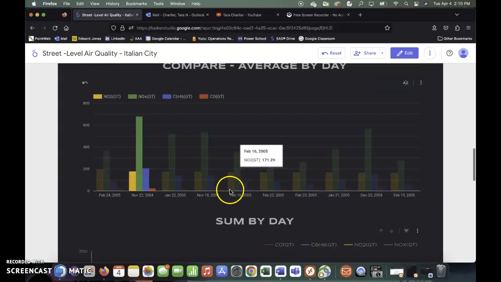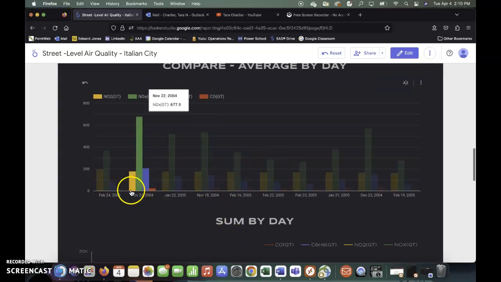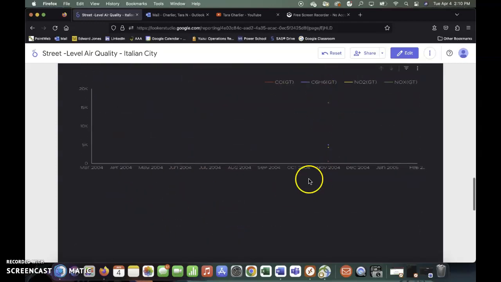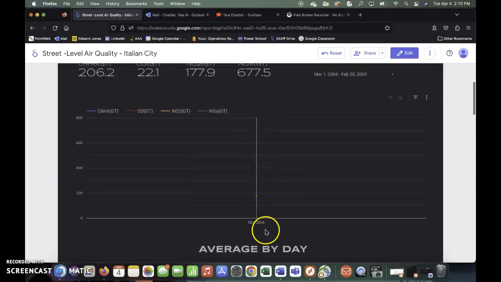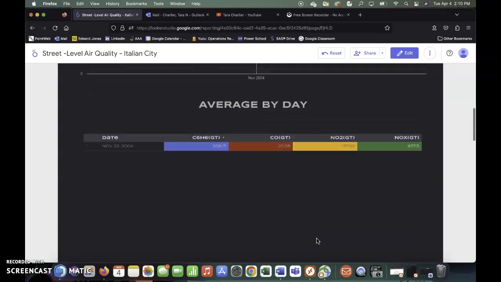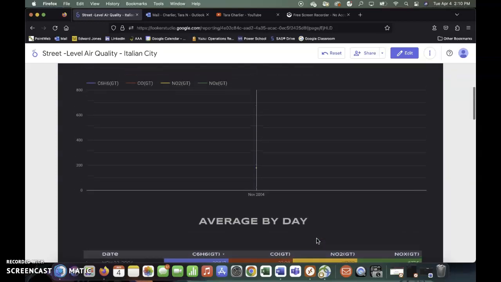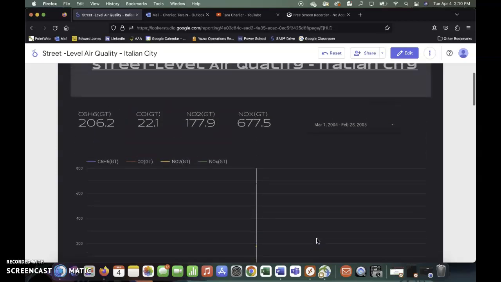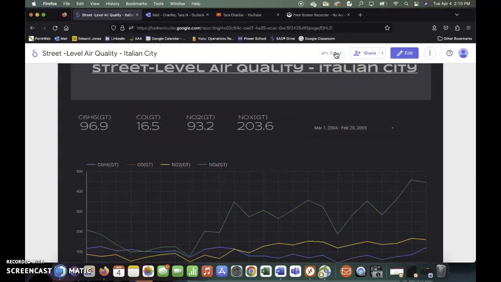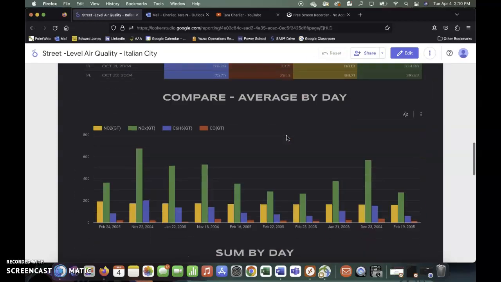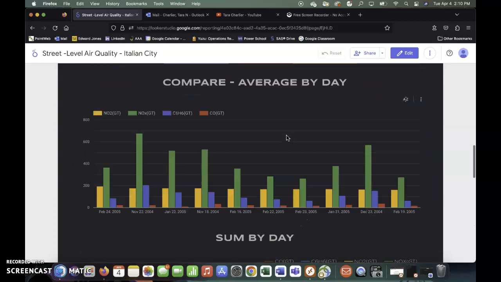So you're looking at this one on this day, it's going to give you what was going on that day right here, where we were on this same day. So it does interact with each other, a couple different ways for you to see the information. So I kind of like that a lot.